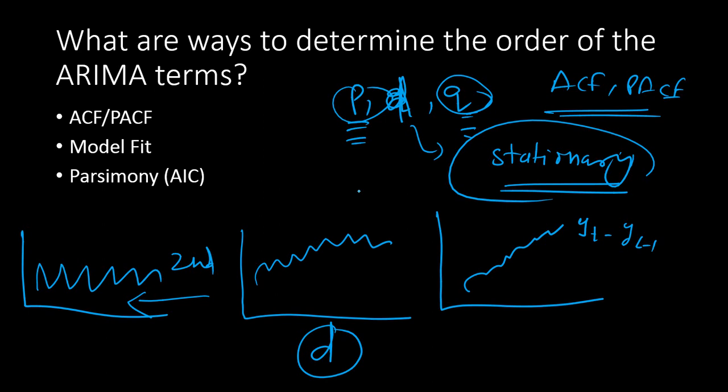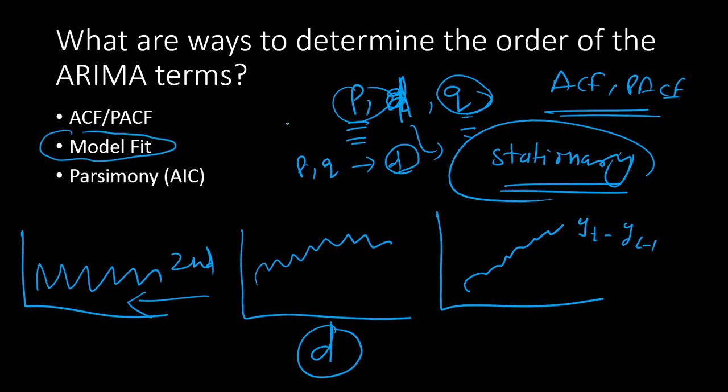You are not combining them together and finding out the optimal p, q and d. That means p and q are not determined based on how much differencing is being done, and that's the problem. So jointly finding out the correct order is important, and that can be found only by looking at the model fitness.